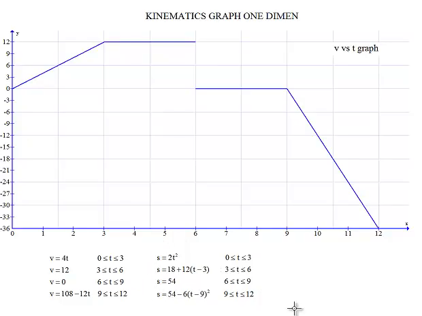We differentiate it from 0 to 3, we get 4t, and similarly all the differentiations are done from the displacement. You can see the velocity. In the second case, the function has 12t, the differentiation is 12 only. Third case, the function has a constant value 54, the velocity has to be 0. And in the fourth case, we differentiate and what we get is 108 minus 12t. So these are the cases.